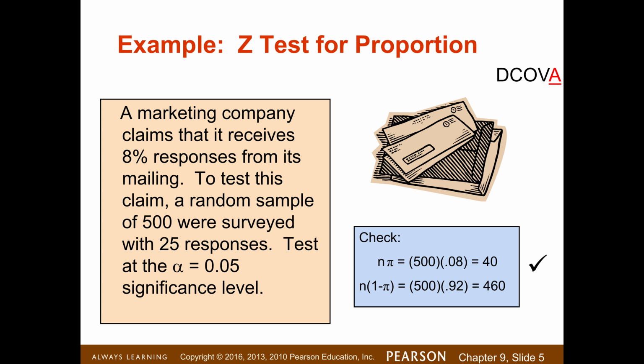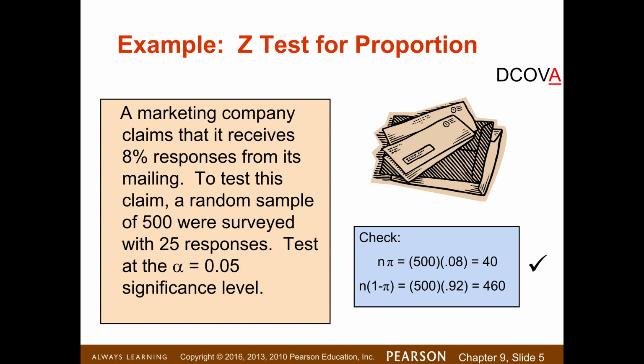So, a marketing company claims that it receives 8%. Guys, when you see the population parameter listed as a percentage, that is the cue to you to use a proportion test.